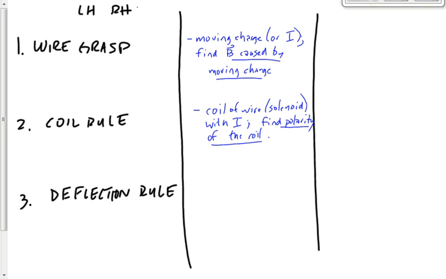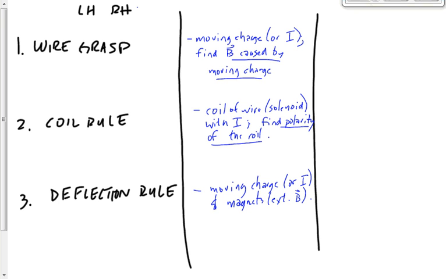The third rule, which is the deflection rule, is the one that's quite a bit different than the other two. This is where we have a moving charge, just like we did in rule number 1, a moving charge or an electric current, and magnets. We'll call that an external magnetic field.